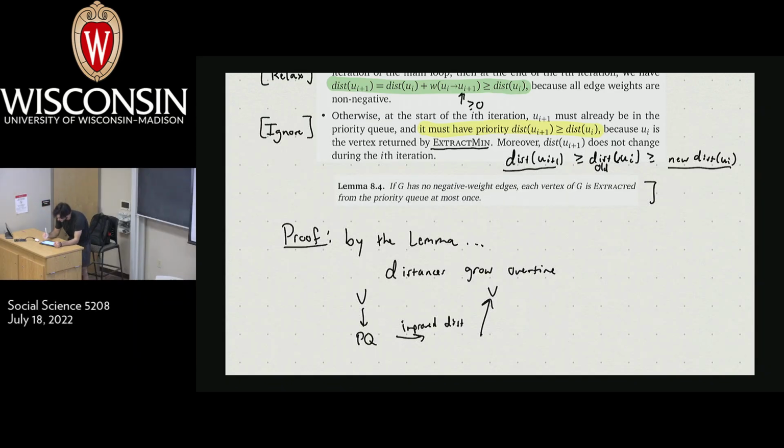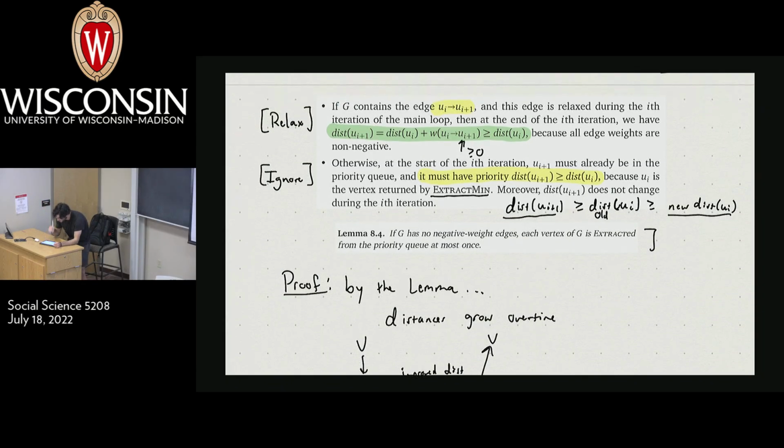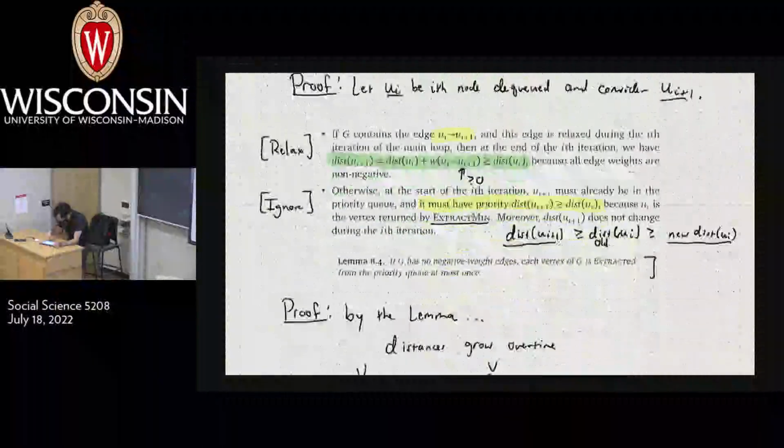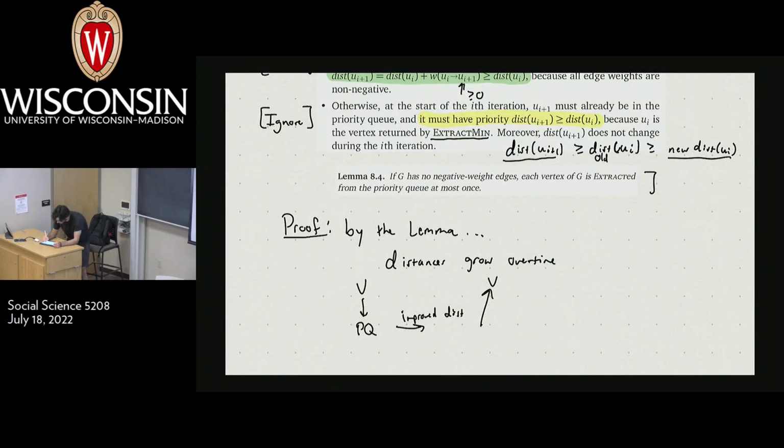So the very first time you change the distance of v, so the first time it's extracted, so let's say u_i equals v and u_j equals v. So you've popped it off twice. Well, immediately this implies that the distance of u_i is at most the distance of u_j, and these are both v. So your distance got worse, and so it had to be put on the priority queue.